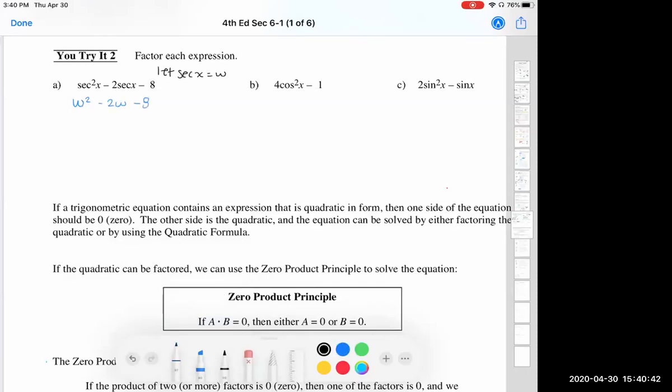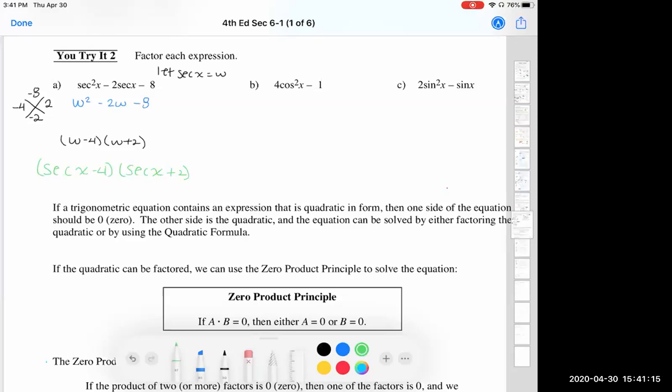All right, so what two numbers multiply to give us negative 8 and add to give us negative 2? 4 and 2 work, where 4 is negative. So this factors to be w minus 4 and w plus 2. All right, now we have to go back and change it to secant. So this factors to be secant of x minus 4 times secant of x plus 2.